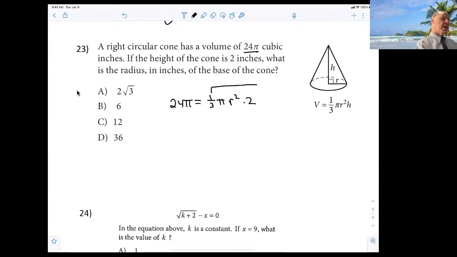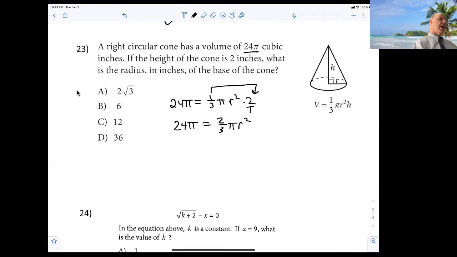What's 1/3 times 2? 1/3 times 2. Come on now. 2 is the same as 2 over 1. Don't look at me like I'm crazy and don't use your calculator. 2/3. 2/3 pi r squared.